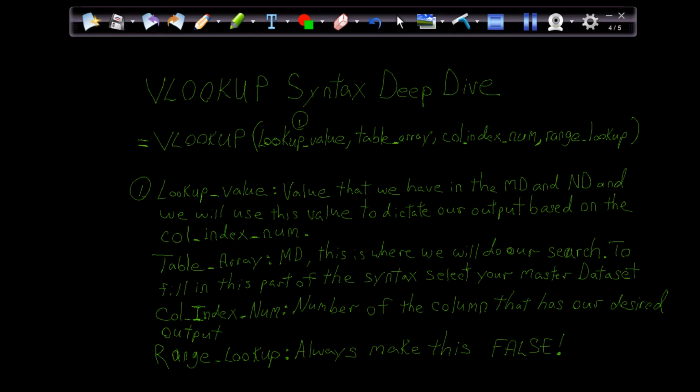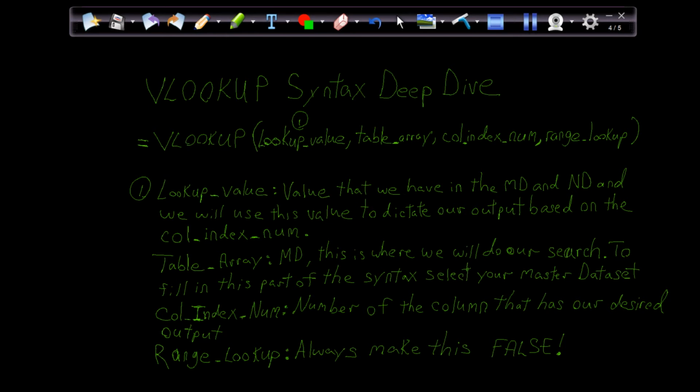VLOOKUP can only go left to right, so your lookup value in the master data set has to be in column 1. And so with it being in the master data set and the new data set, it's going to take the value that you select in the new data set. Like I said, come over, look for it vertically in the master data set in the first column, and then that will dictate our output based on our column index number.